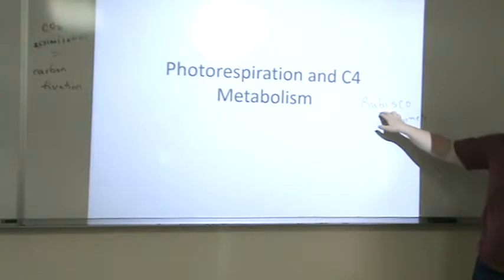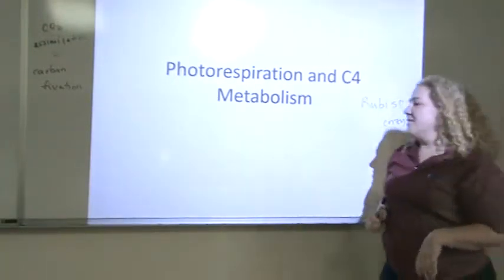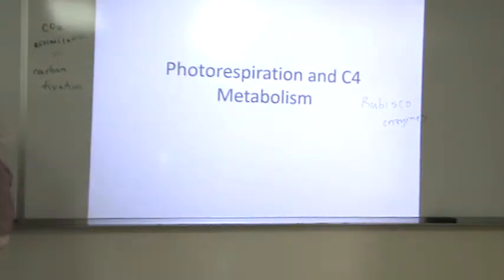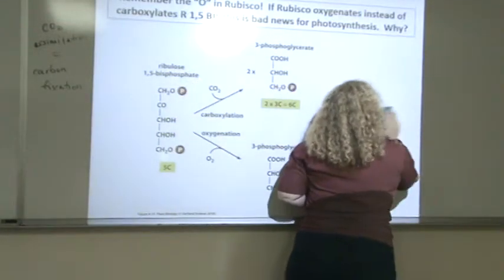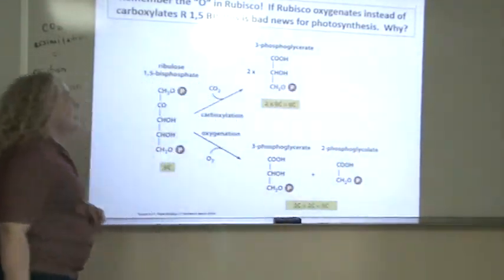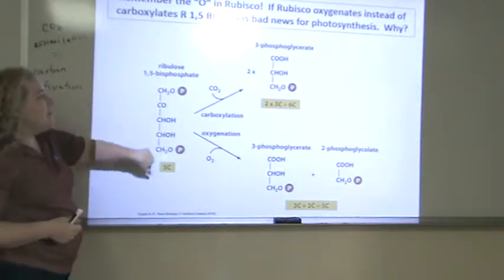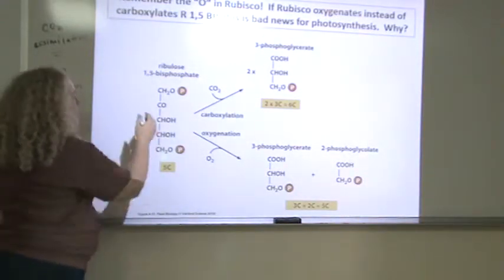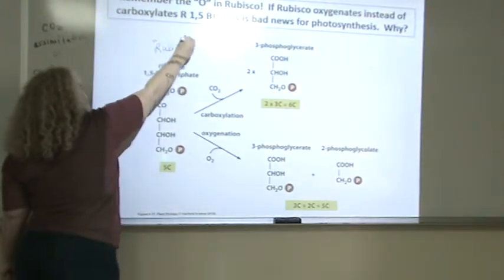Because Rubisco is the reason why photorespiration happens and the reason why carbon fixation happens. So this lecture is based on actions of Rubisco. Like we talked about last time, Rubisco has two actions. So we've got ribulose 1,5-bisphosphate. That's the rubis part.